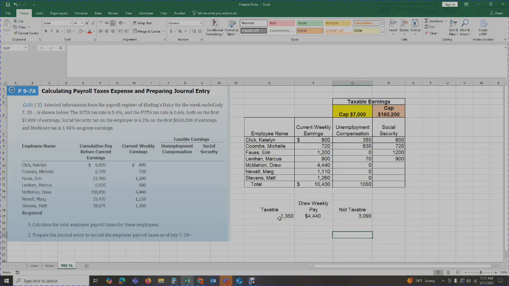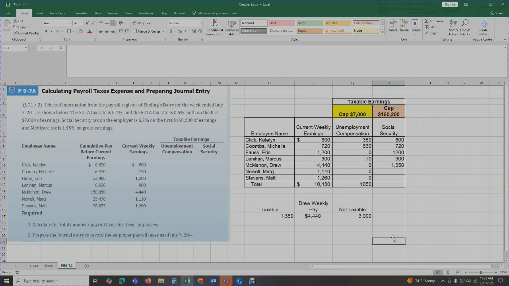How much taxes do I have to pay for Drew for Social Security? Well, I still need to pay taxes on $1,350 for Drew. That $1,350 will take me up to my cap of $160,200. Anything above $1,350 is not taxable. So the $3,090 in excess will not be taxed for Social Security tax purposes.